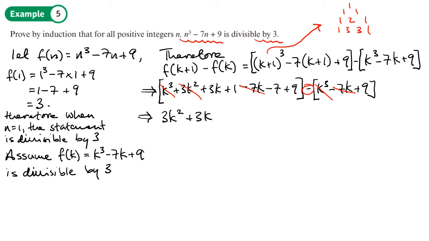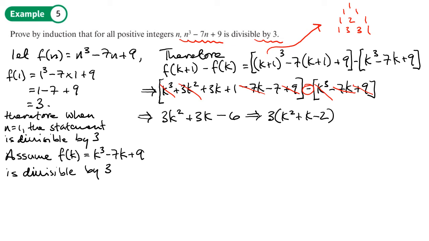And then in terms of the numbers, these cancel out because you've got 9 there, minus 9, so that's gone. So that just leaves plus 1 minus 7, which is going to be negative 6. And we can factorize out 3, like this, plus k minus 2.